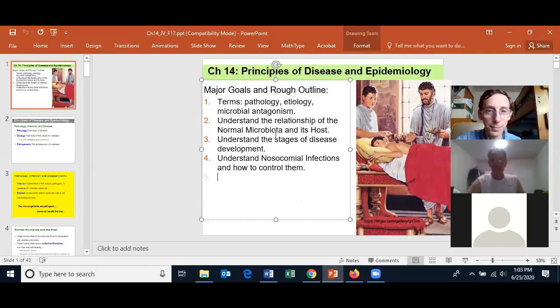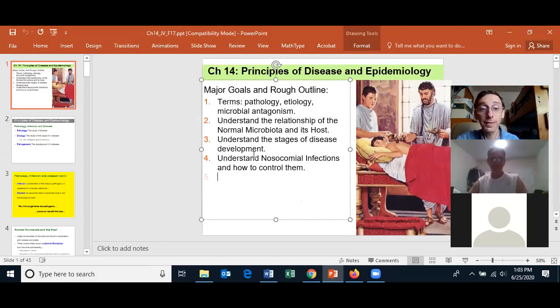And let me back up a little bit. On this chapter, about 50% of it is understanding and knowing the terms, because there's a large number of terms in this chapter, and a lot of this chapter is understanding the terms. Any questions about that?